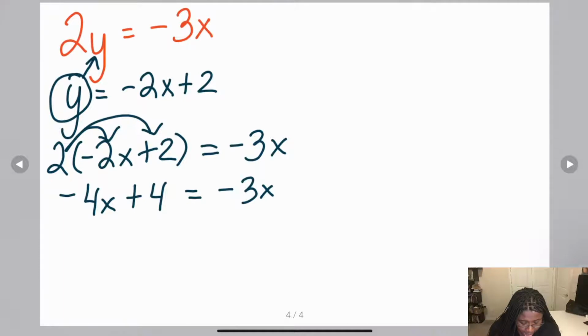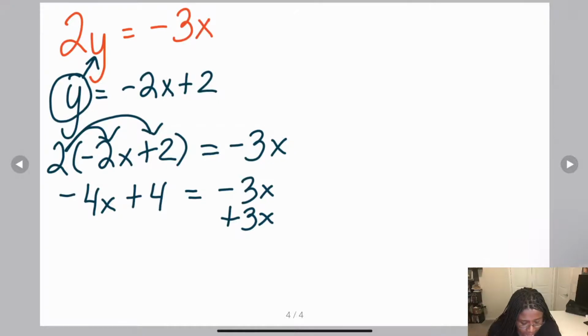So to do that, I'm going to move this negative 3x, and to move things, you have to undo them. And to undo a negative 3x, you have to add the 3x. You will not multiply it, you will not divide it, you want to actually move the entire thing.